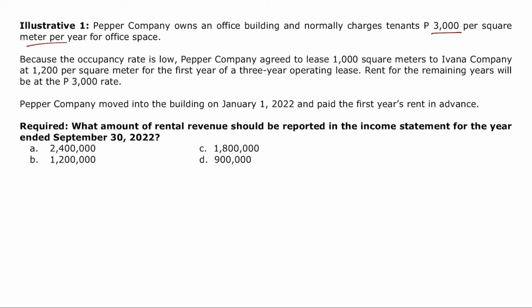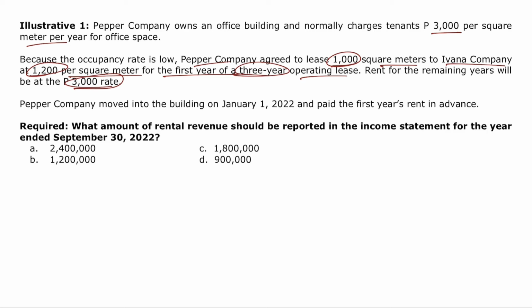Because the occupancy rate is low, Pepper Company agreed to lease 1,000 square meters to Ivana Company at 1,200 per square meter for the first year of a 3-year operating lease. Rent for the remaining years will be at the 3,000 rate. So, sa first year, kasi mababa yung occupancy rate, hindi natin naipapaupa ng maayos. Pero sa second at third year, magiging 3,000 na.